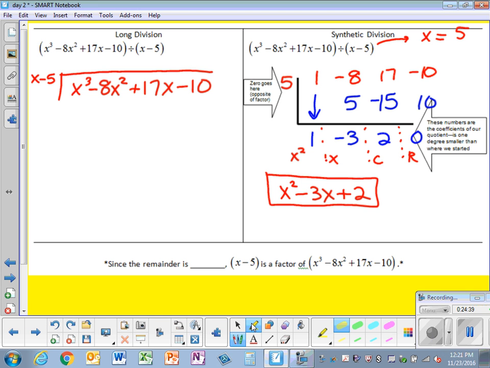So what we're doing is we're taking just that first term from each, okay? This first term on the outside and this first term on the inside. And what you're doing is you're asking yourself, what do I need to multiply to this x to get to x cubed?